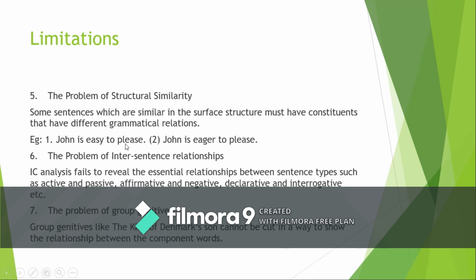The first sentence means it is very easy to please John. The second sentence means John is very keen to please others. These are two very related sentences when we look at them, but actually entirely different, and IC analysis is inadequate to show that.